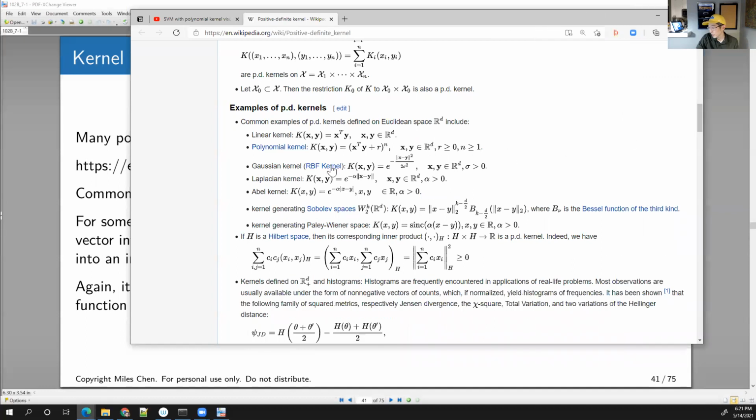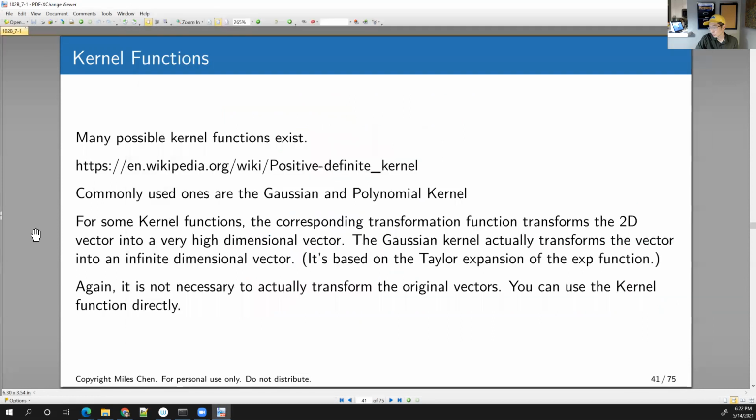You have the Gaussian kernel, which takes the difference between x and y, and we do e to the negative of that squared, and there's some constant in here and stuff like that. There's all sorts of stuff. I would say the Gaussian kernel is a commonly chosen kernel because it offers quite a bit of flexibility, but the polynomial kernel can also be used. So the commonly used ones are the Gaussian and the polynomial kernel.